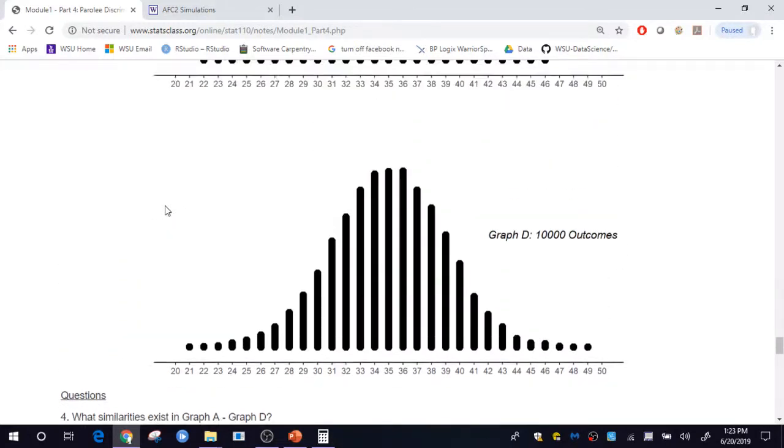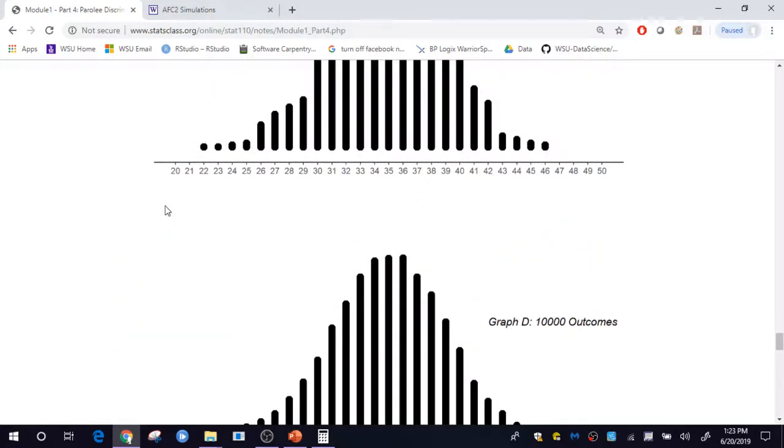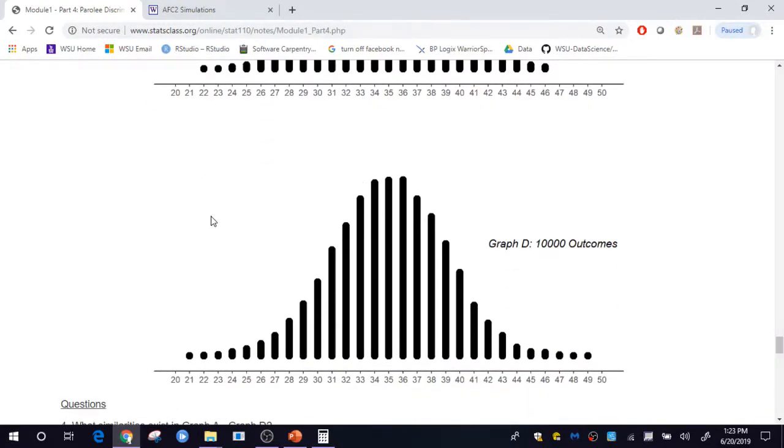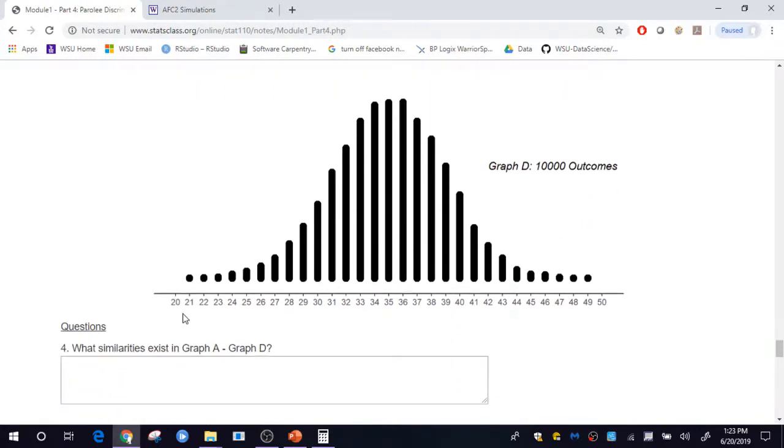Now the problem with that is as more and more outcomes are obtained, the value that I'm using for determining whether or not something is an outlier is changing. And in fact, if I get 100 bazillion gazillion outcomes, it's very possible that I'm going to get values way down here at maybe 10 or 5 or potentially even at 0.